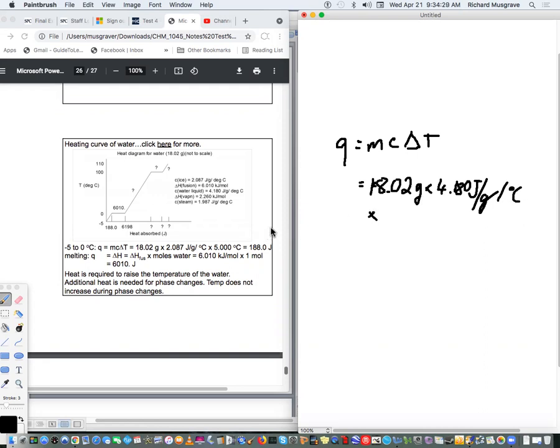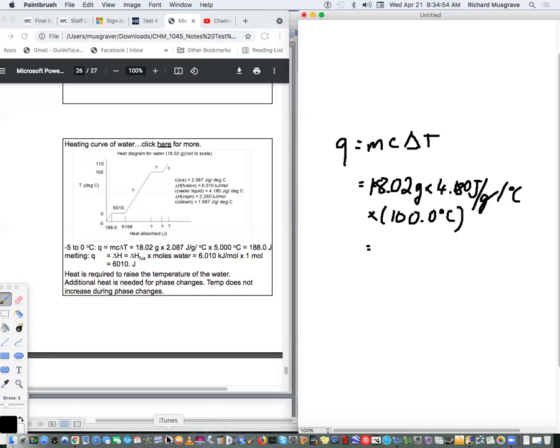And then we've also got the delta T. Now, the change in temperature during the time that water is liquid is 0 to 100. So it would be times 100.0 degrees Celsius. And this will give us the heat used during that time.